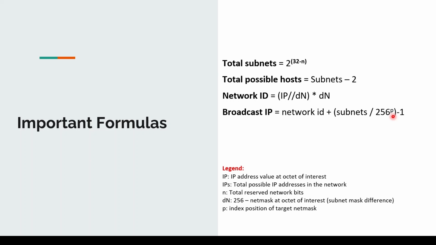Our p is the index position of the target net mask. If you check the legend here, everything is explained. I will still explain this further in the next section, but just understand this. To calculate the broadcast IP, we need the network ID, we need the subnets, and then we need 256 raised to the power of p minus 1.